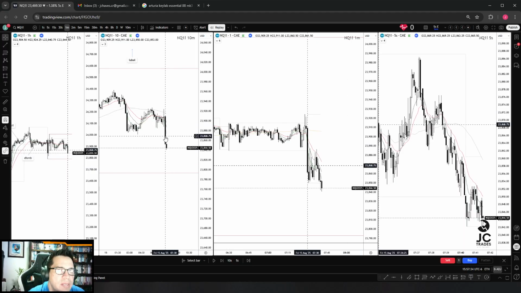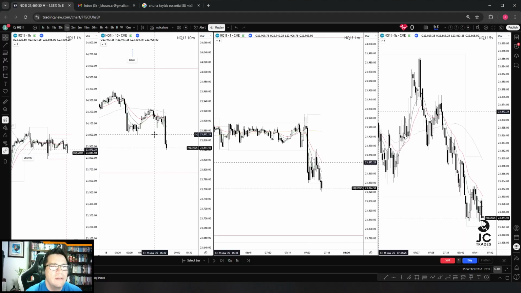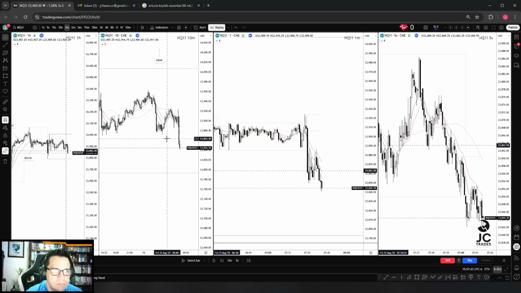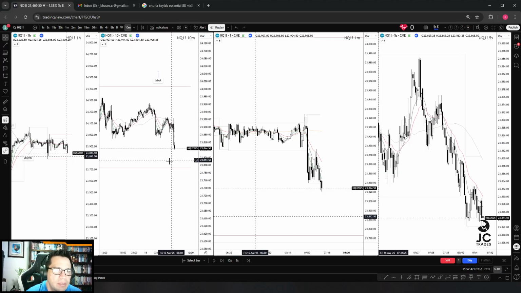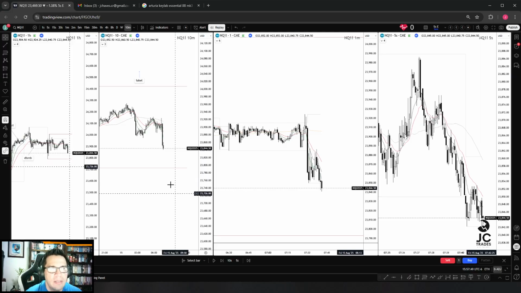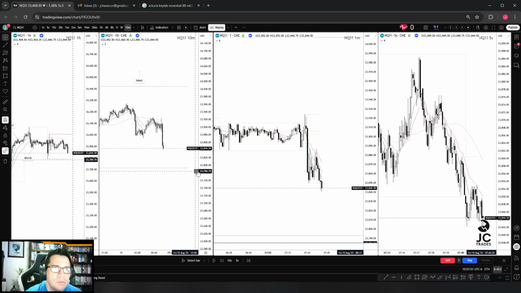So we had this 10-minute candle, which was our C time frame. This could give us some idea, if market keeps on pushing to the downside, that bearishness would come in.